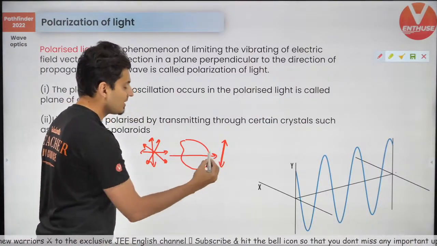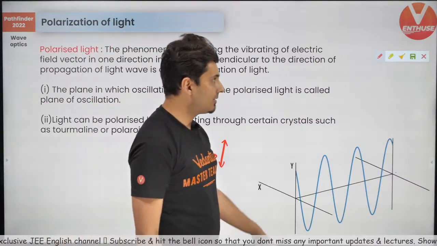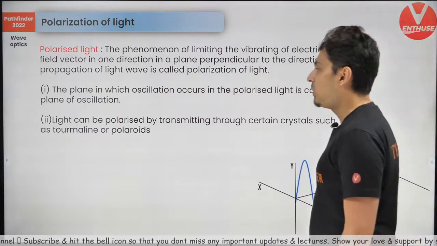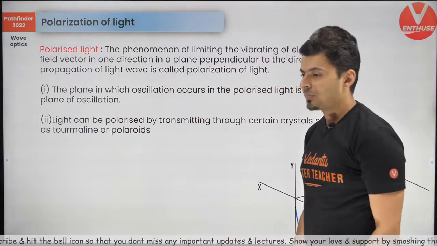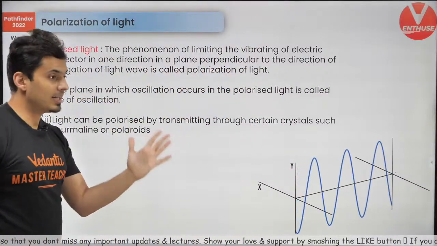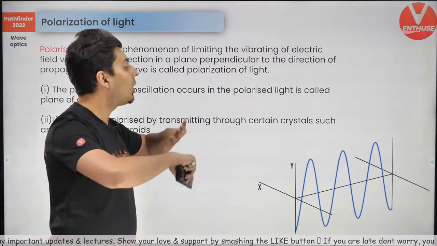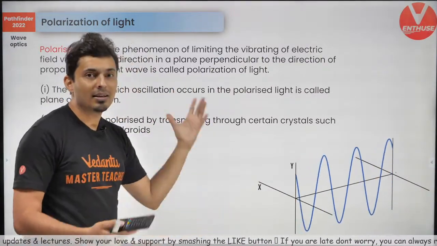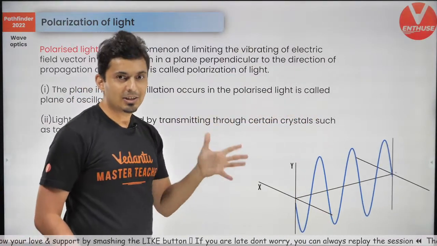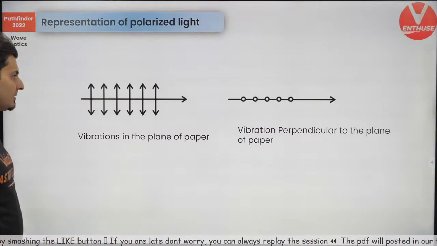The light rays can be polarized by certain mediums, crystals, stones. Those are called Polaroids, or polarizers. They restrict the plane of oscillation to only one direction. They do not allow electric fields in other directions to transmit beyond them. So they restrict the electric field, and that's why they are called polarizers or Polaroids.